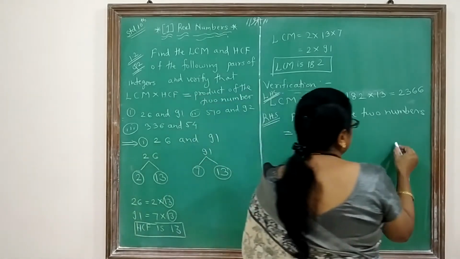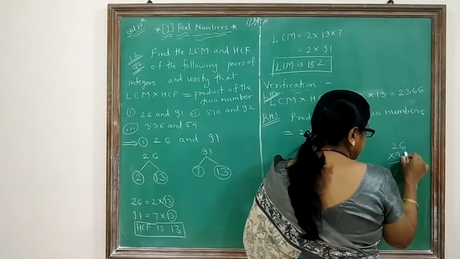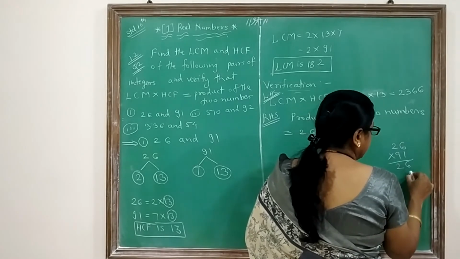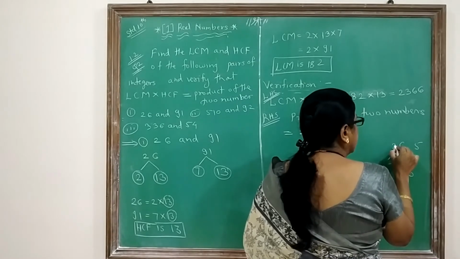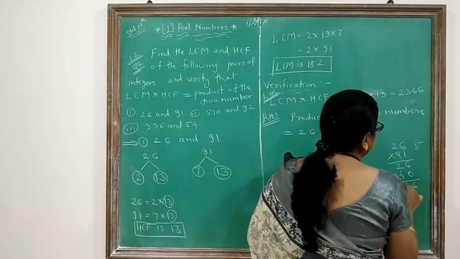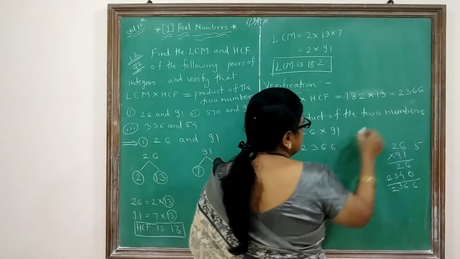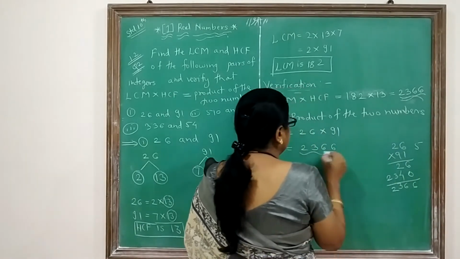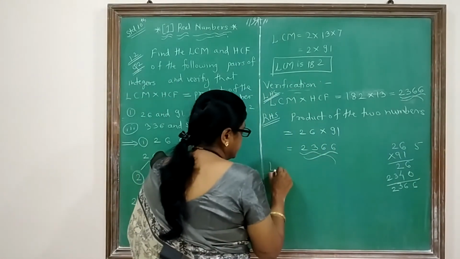Then you will get which number? 6 ones are 6, 2 ones are 2, 9 sixes are 54, then 5, 9 twos are 18, 18 plus 5 is 23. Here also your answer is 2366. Means this number and this number are same, so your LHS equals RHS.